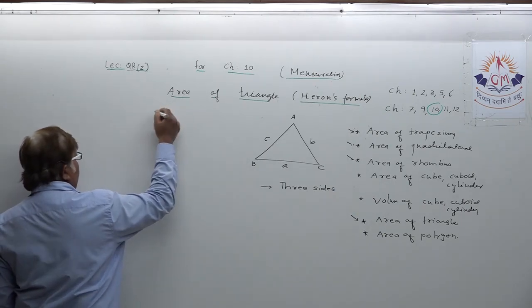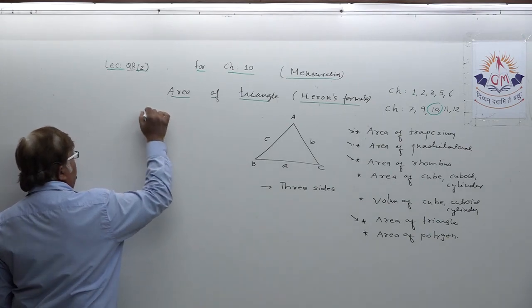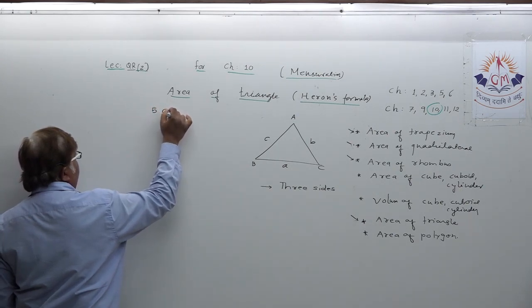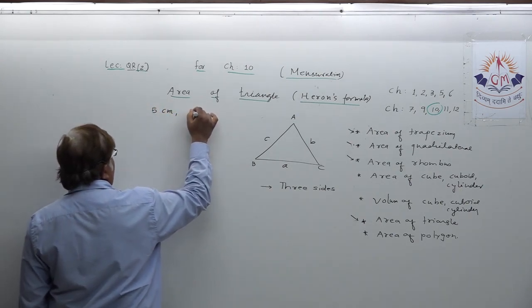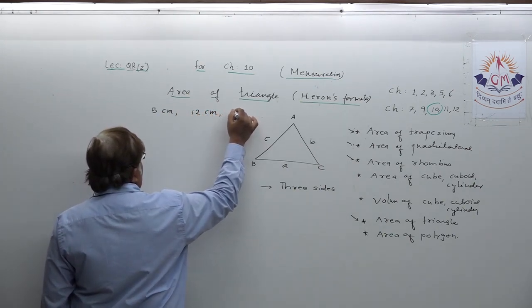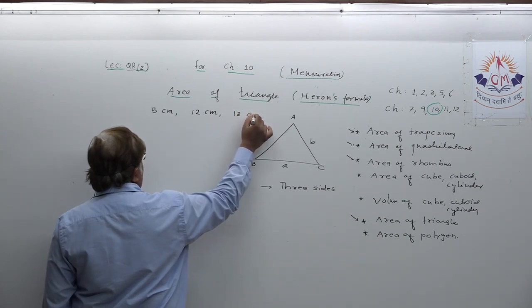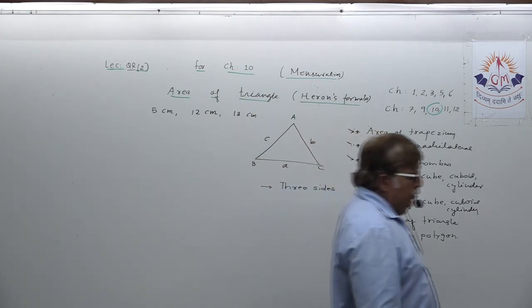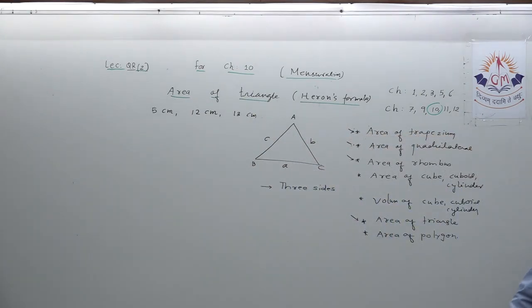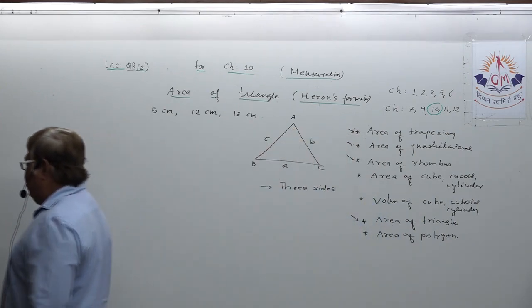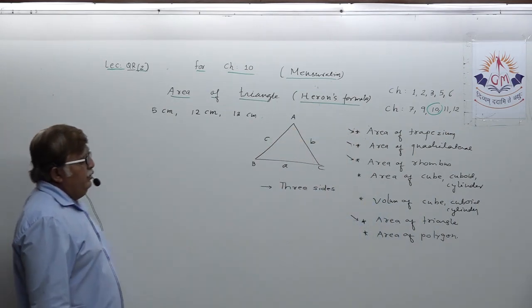Suppose you are given the measure of three sides of the triangle as, take an example, 5 centimeter, then another side is 12 centimeter, then third side is 13 centimeter. I am not mentioning the complete word problem because this is simply a quick revision where I am trying to highlight that topic. Okay.